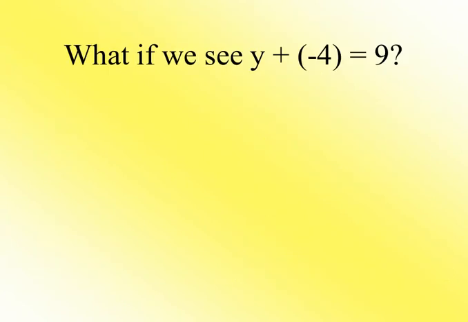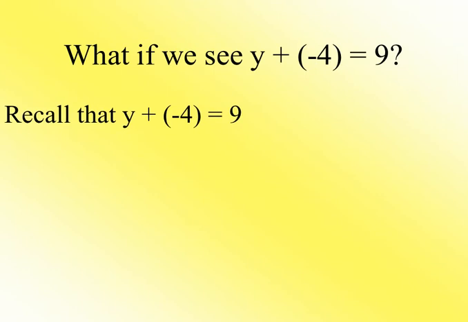But will there be some tricky moments? Yes. If we get y plus negative 4 equals 9, my first thought might be, ooh, I see plus, so I have to minus the 4. But we have to remember that y plus a negative number is the same thing as y minus 4.